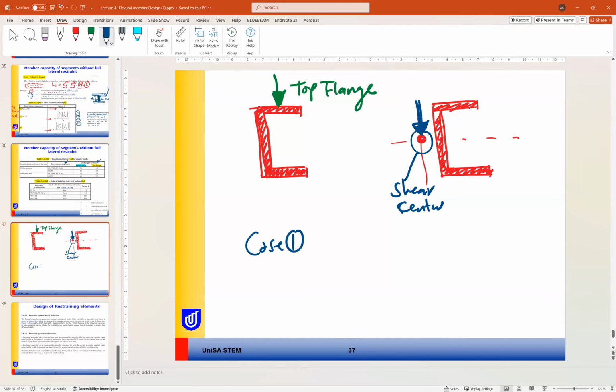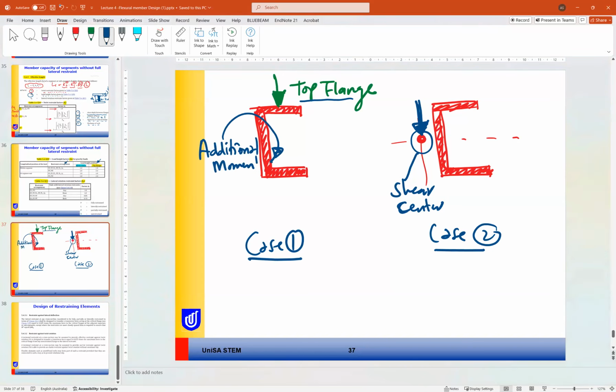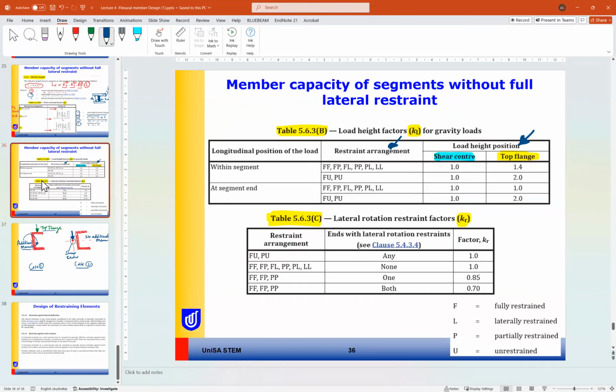So we can have case 1 or case 2. The advantage of applying the load at the shear center is to avoid any eccentricity of the loading. So here, as you can see, when we apply the load on the top flange, we will have additional moments due to applying the load here. But here, no additional moments. So applying the load at the shear center will prevent any additional moments.